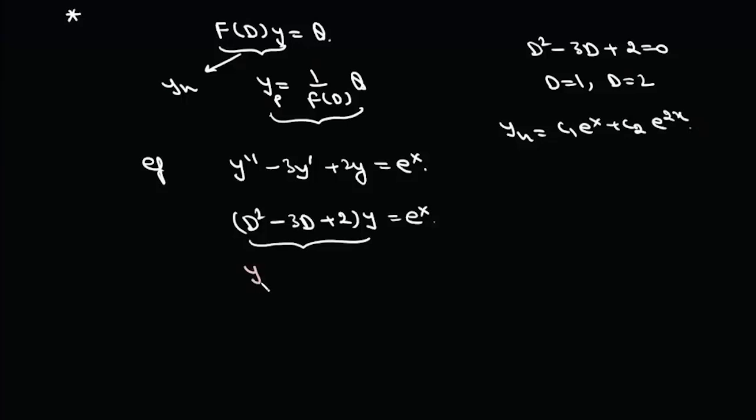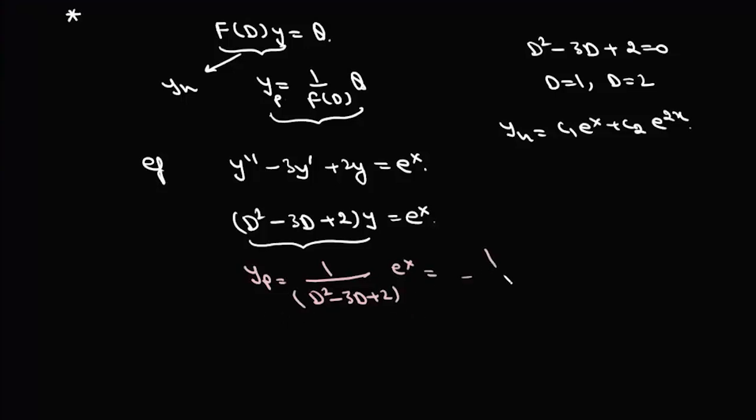Now we can write this as yp equals 1 upon D square minus 3D plus 2 e to the power x. Now we can factorize this as 1 upon (D minus 1)(D minus 2) e to the power x, or we can write this as 1 upon D minus 1 into 1 upon D minus 2 e to the power x.